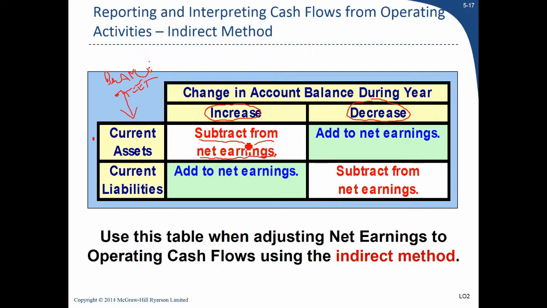So if an increase in current assets means a decrease in net earnings, that means that an increase in current liabilities means an increase in earnings, and vice versa for a decrease in current liabilities. Okay, so once you know one, you can actually solve for the rest. I'm going to go into a lot more detail. We're going to spend a significant portion of time going over how to calculate these numbers, okay?